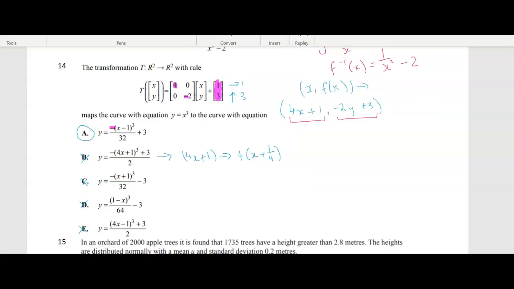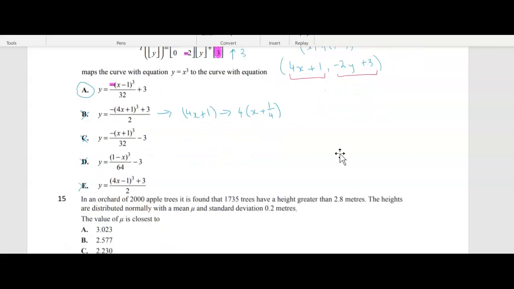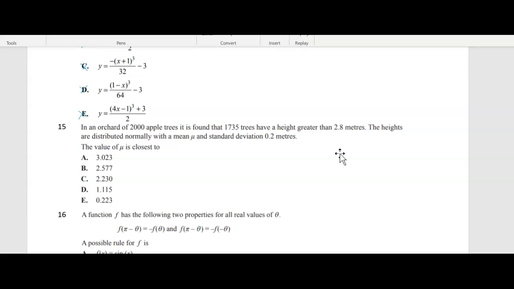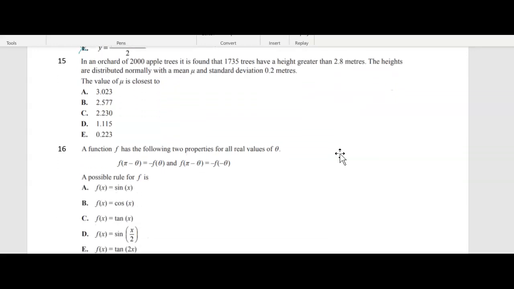If you just looked at the translation, so the 1 and the 3, I crossed off C and D, and then I thought about the horizontal translation, so moving across the right by 1 allowed me to eliminate 2 more, so A being the answer. And in an exam, if you can answer a question through elimination, it's probably a lot quicker than trying to do it the way that the examiner's report showed you.